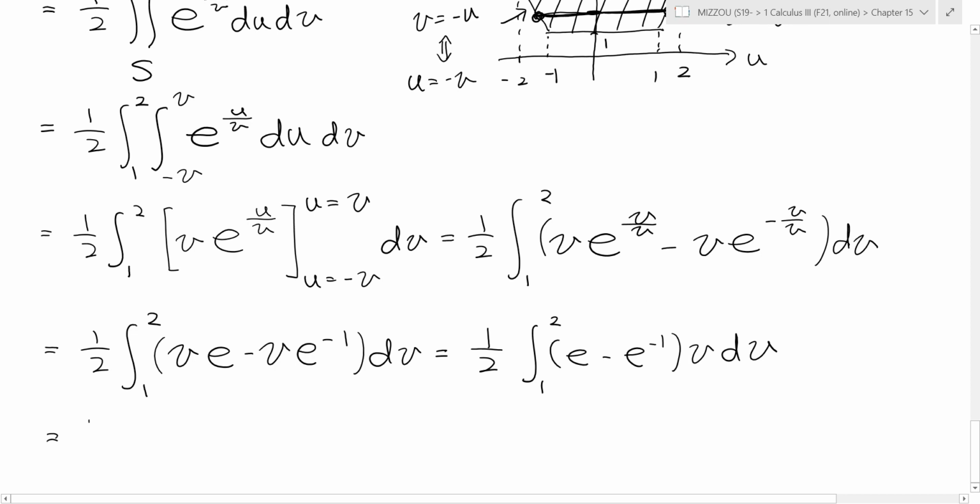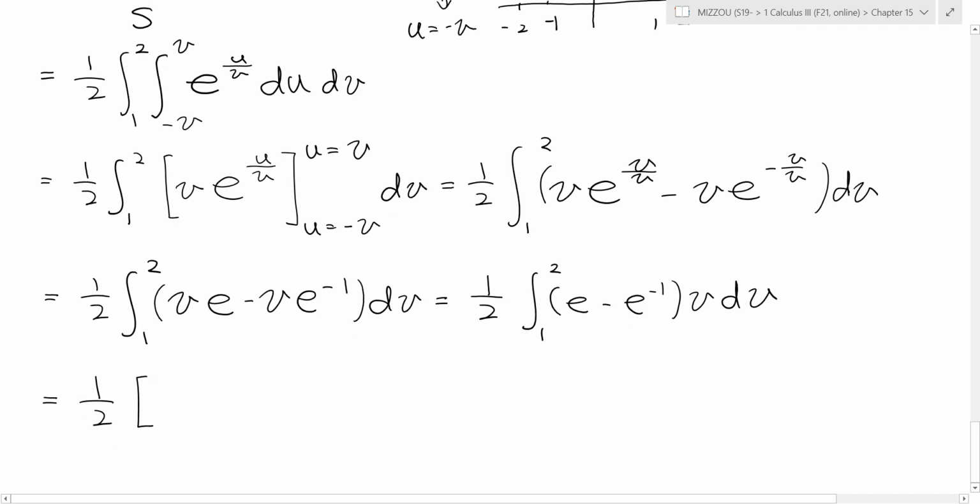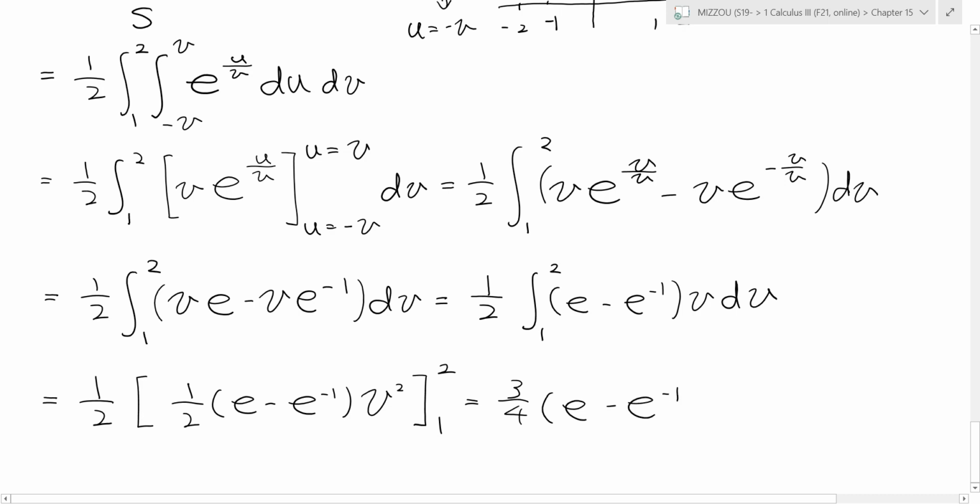So this is 1/2 e minus e to the power of negative 1 times v squared over 2, where v is from 1 to 2. If you plug in those, you get 3/4 e minus e to the power of negative 1. All right, so that's the answer.